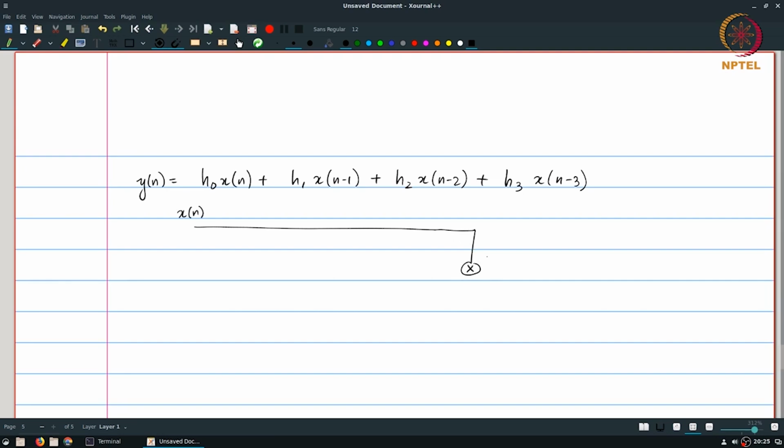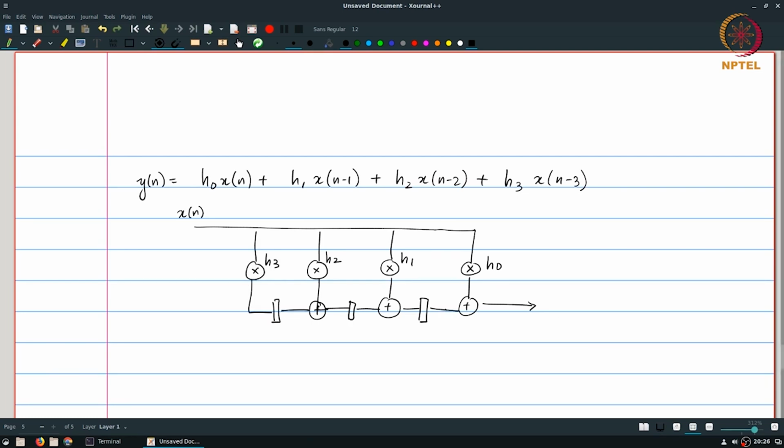X of n goes into h0, also into h1, but that is then sent through a delay element, h2 through 2 delay elements, and h3 through 3 delay elements.